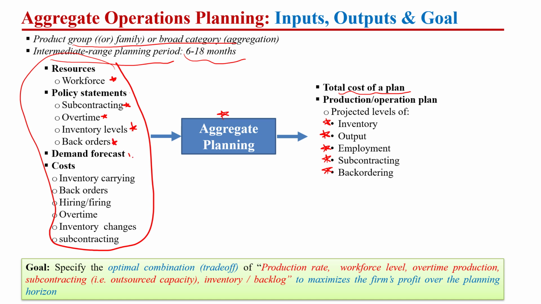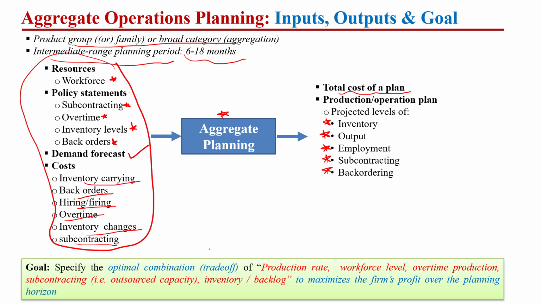Then we must have the demand forecast at the product family level. Then we should know the carrying cost per unit, back order cost, hiring and firing cost per unit, overtime cost, inventory change cost, as well as the subcontracting cost.